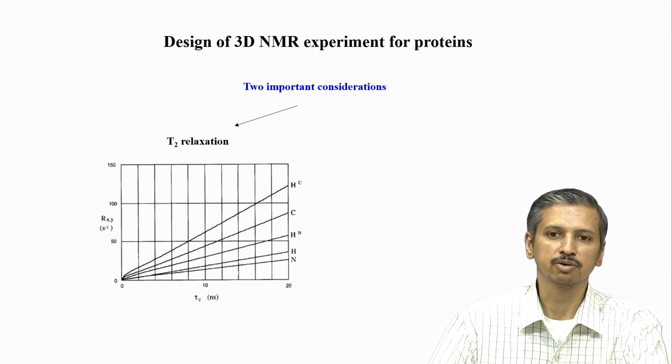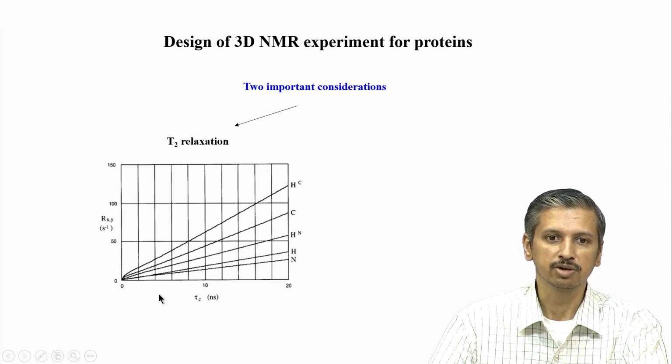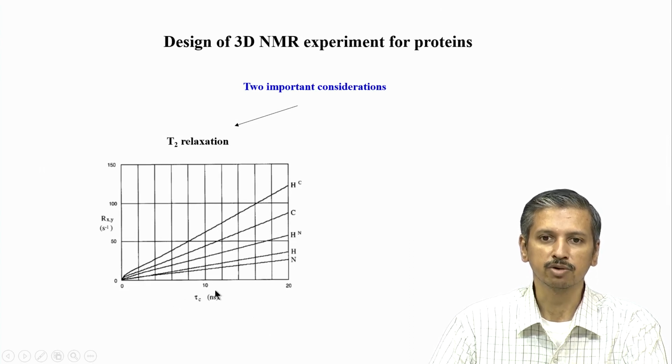It causes the signal to decay very rapidly, especially in the case of large proteins. The plot here shows the T2 relaxation, or R2, which is 1 over T2. So, if T2 decreases, R2 will increase. R2 increases as the size of the protein increases. If you recall, I showed you how to convert tau c into a molecular weight or molecular weight into tau c.